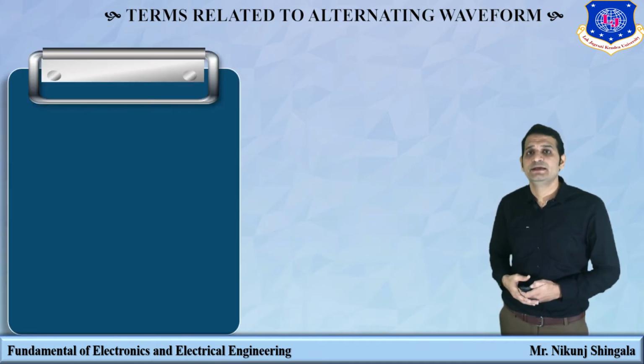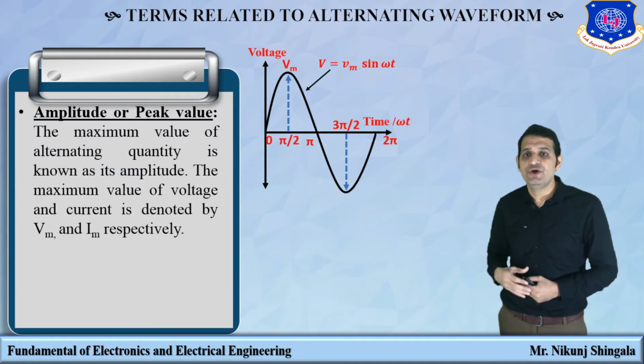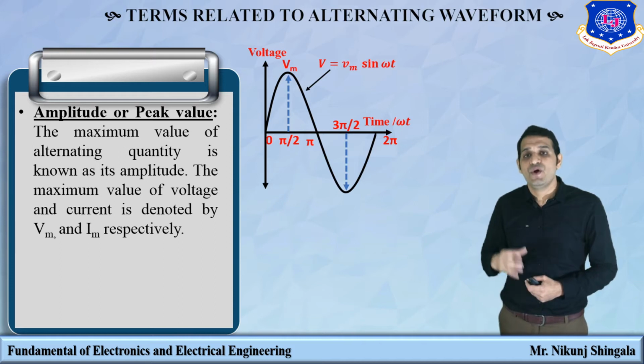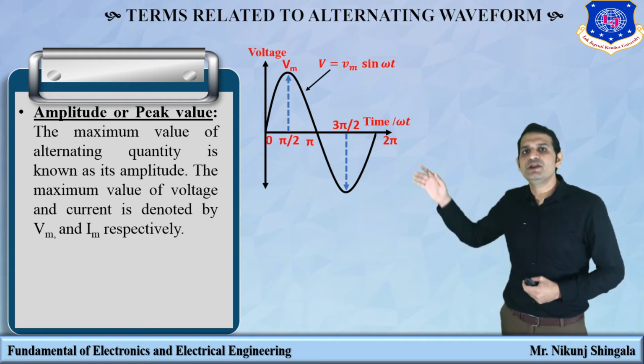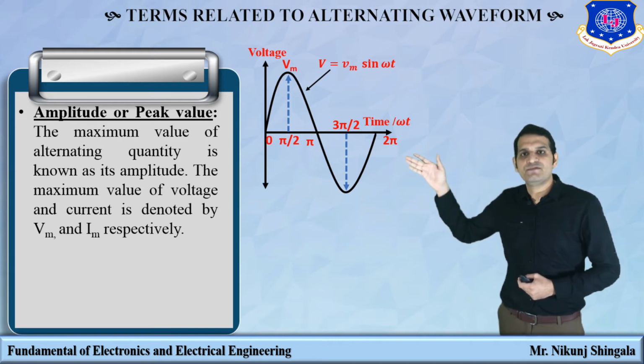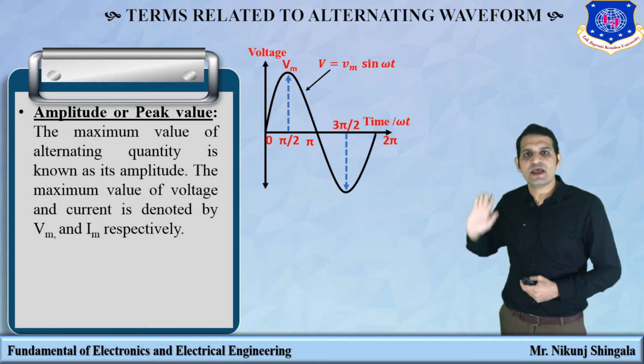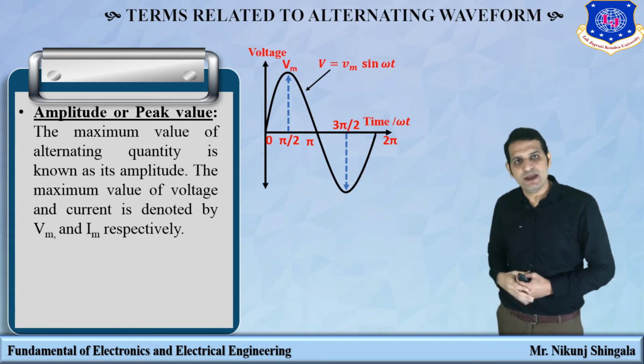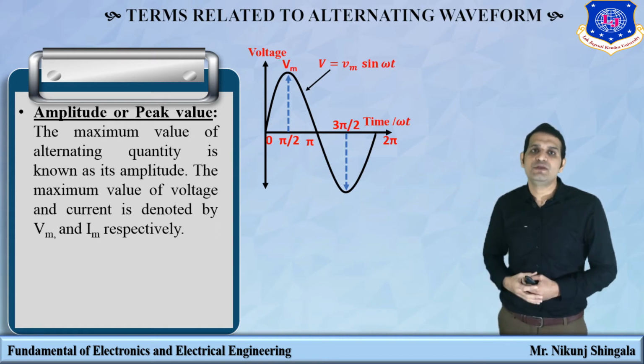The next one is amplitude or peak value. The maximum value of an alternating quantity is known as peak value or amplitude. Here you can see a graph, again of the alternating quantity V = Vm sin omega t. The maximum value we get is at pi by 2, so Vm is the maximum value.